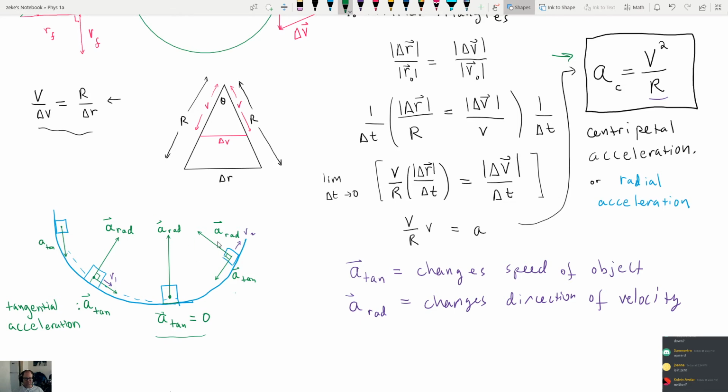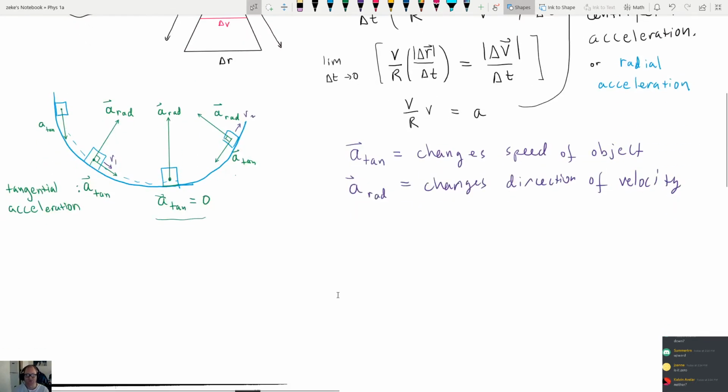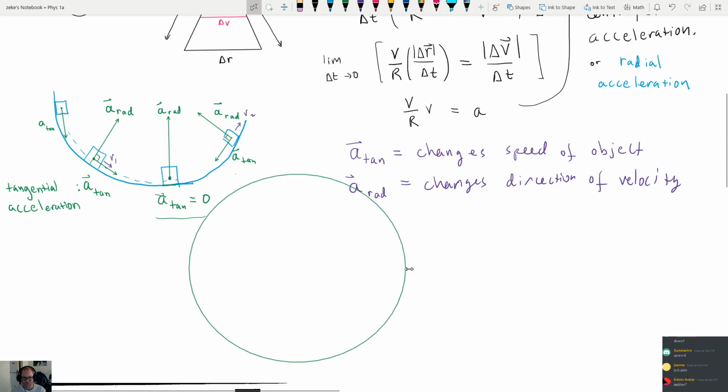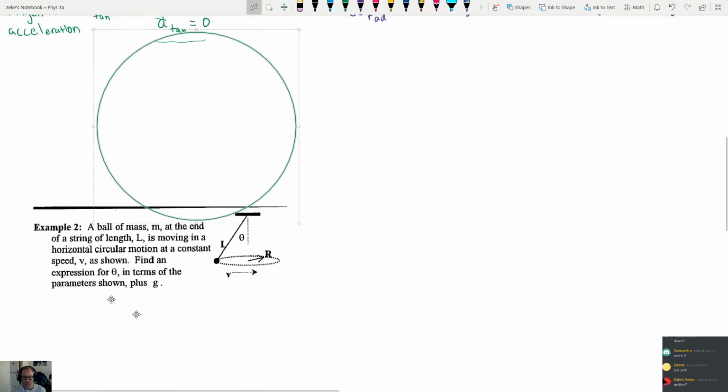Now, all these same topics can be applied to a ball on a string if you want to. And maybe it's an even simpler idea. So just to drive this idea home, let's draw an actual circle in here. I'm gonna make it bigger. Make it actually a circle. Oops, too much. Okay, let me move this one down a little bit here.